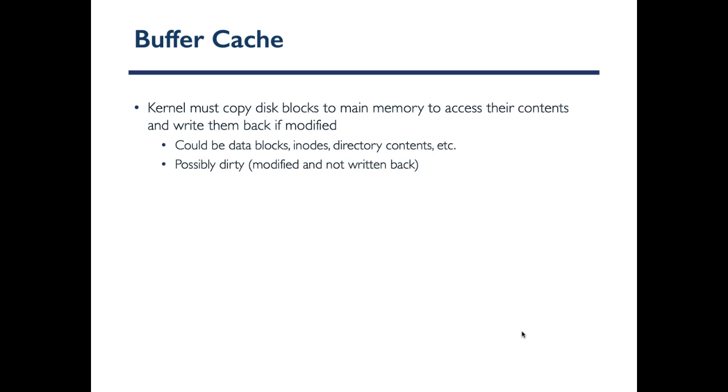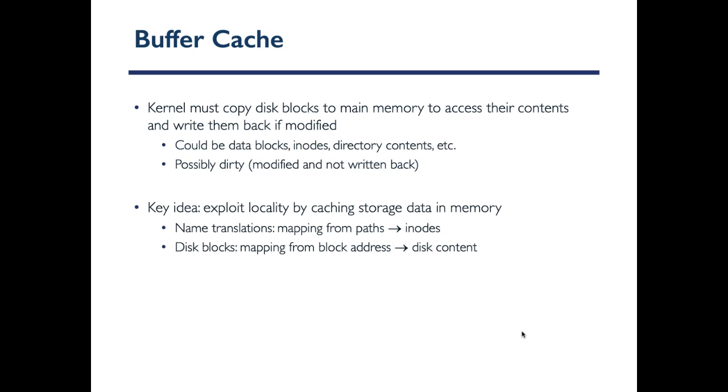So we can use memory, DRAM, as a cache for storage now when it comes to file system. And that is called buffer cache, which allows us to exploit the locality that may exist in the storage data.